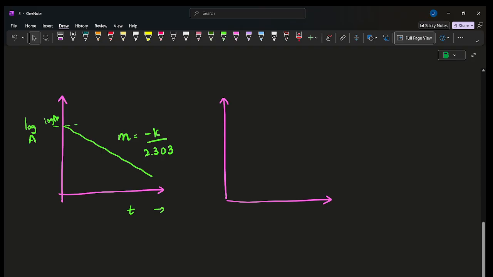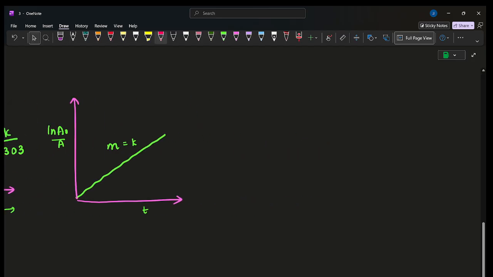Okay, moving on. We also have another kind which could be done, like ln A naught by A and time. A straight line through the origin, and m is going to be K. Remember, it's ln A naught by A, because I'm sure you know there is a change in sign when that happens, and that's why here it's a positive slope.